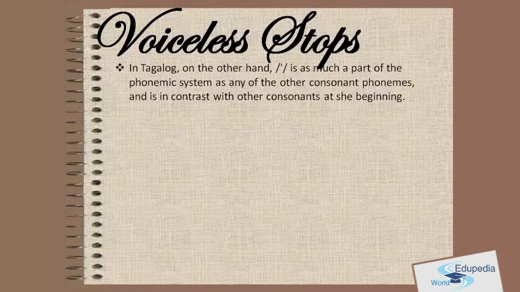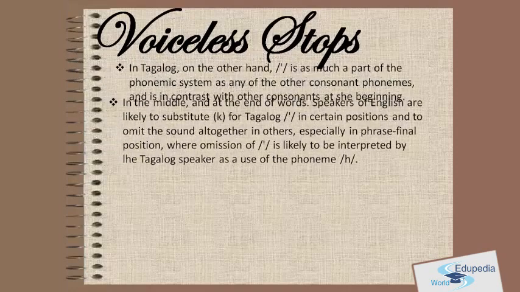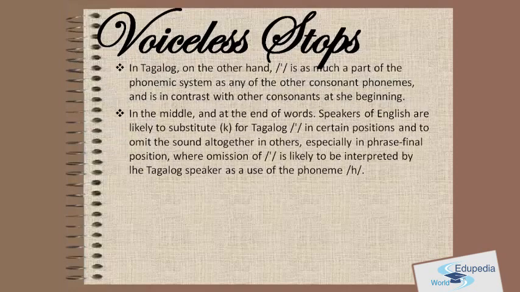In Tagalog, on the other hand, the glottal stop is as much a part of the phonemic system as any of the other consonant phonemes, and it contrasts with other consonants at the beginning, in the middle, and at the end of words.